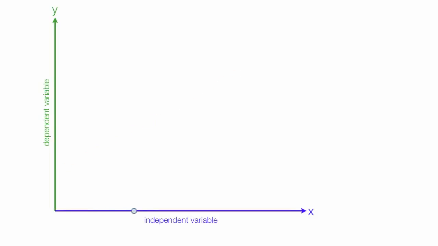What we try to understand is, as the independent variable is moving or changing, what happens to the dependent variable? Does it go up or does it go down? How does it change? If they move in the same direction, if the independent variable increases and the dependent variable increases as well, like this, we say there's a positive relationship.